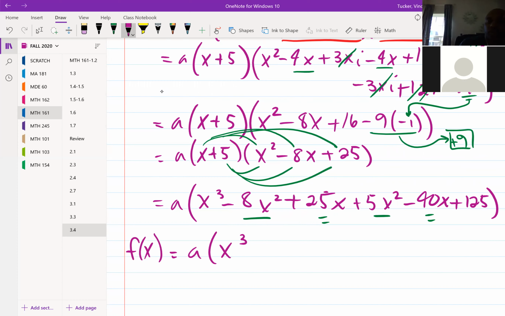So x cubed can't combine with anything. Negative 8x squared plus 5x squared is negative 3x squared. Then 25x minus 40x is a negative 15x.